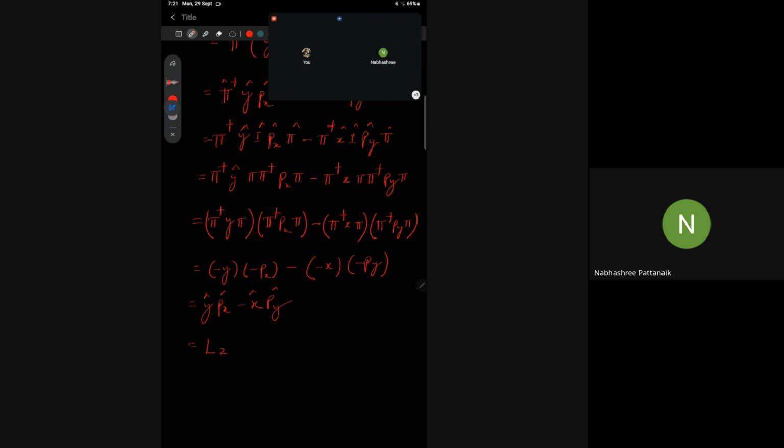All right. Now, similarly, we can write pi dagger Ly pi would be equal to Ly, and pi dagger Lx pi would also be equal to Lx.